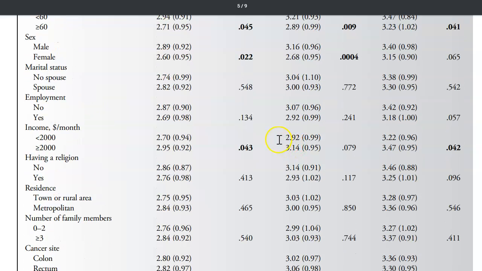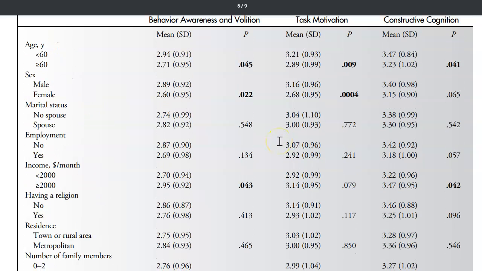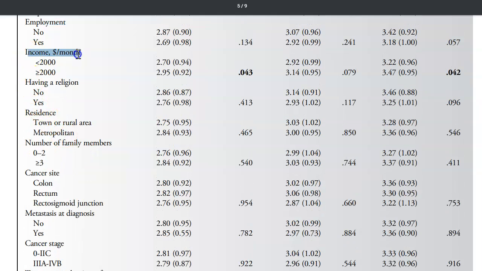One thing about study factors and extraneous variables. This table right here is showing extraneous variables. So age was an extraneous variable, and they did elderly versus non-elderly. Then gender was one, marital status was one, employment was one, income was one, having a religion was one, yes versus no on that one.